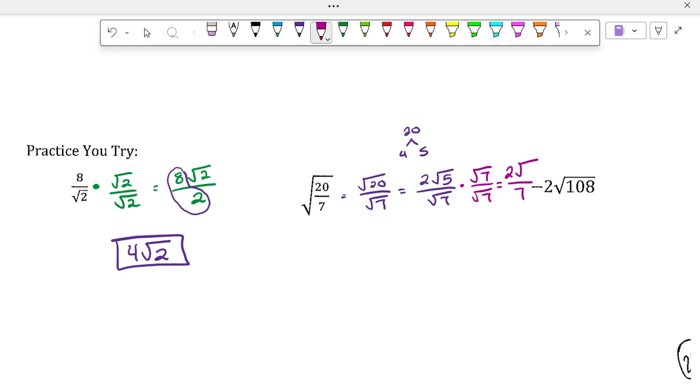What's 5 times 7? 35. So I have 2 square root 35 over 7. Now 35, can I break that down into any factors that are perfect squares? No, the only factors of 35 besides itself and 1 are 5 and 7, so we're done. So that would be our answer.